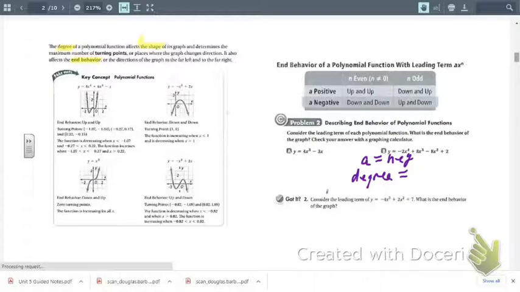And then the degree is 4, and that is even. Okay?